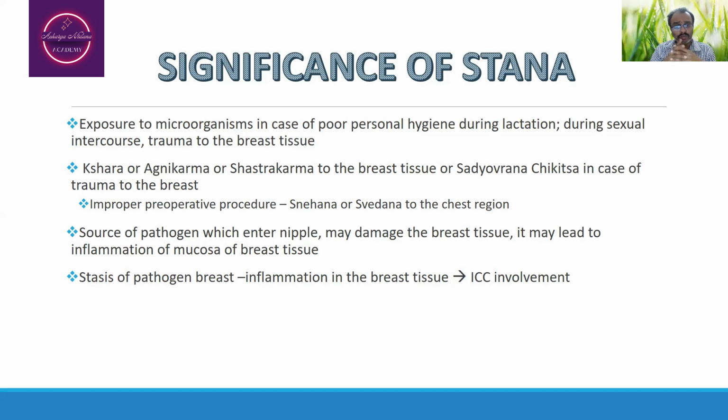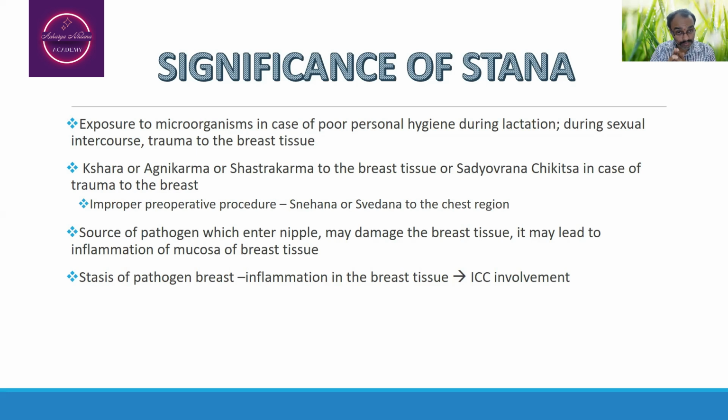Because of the poor personal hygiene, local hygiene, there may be a possibility of entry of the pathogens that may enter through the nipple, which may lead to the damage of the breast tissue. Thereby, there may be a possibility of inflammation to occur in the breast tissue.